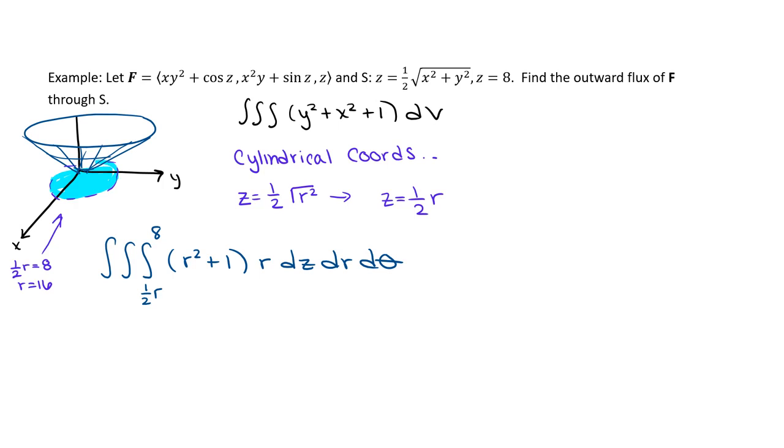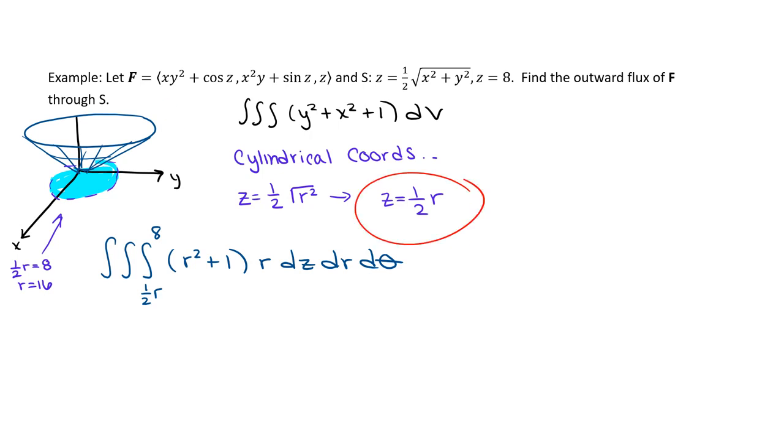And then for my r values, as well as the theta values, you can think about the projection of this object in the xy plane. So in the xy plane, the shadow of this object really comes from the top of the cone.